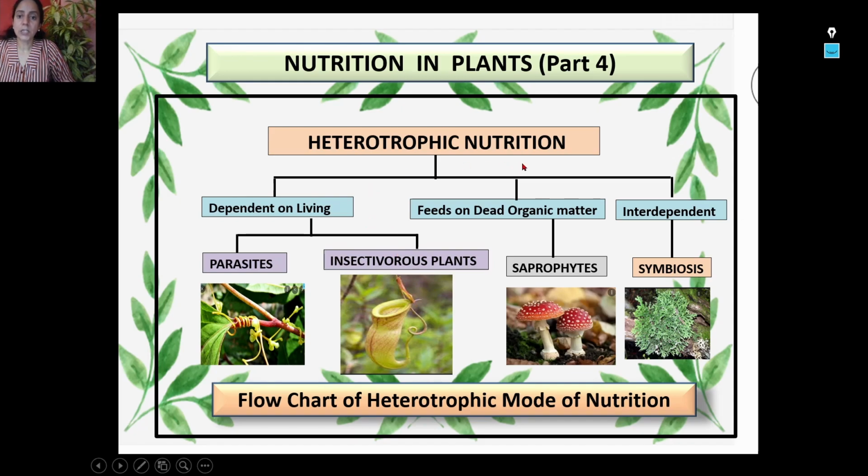So this heterotrophic nutrition is divided on the basis of the mode from where they draw their nutritional requirement. They can be parasitic, insectivorous, saprotrophs or saprophytes, or symbiotes. So the heterotrophic mode of nutrition is of these four types which we have to study in class 7 in this chapter 1: parasitic mode, insectivorous plants, saprophytes, and symbiotic organisms. We'll take up all these one by one, but we are starting with parasitic plants.